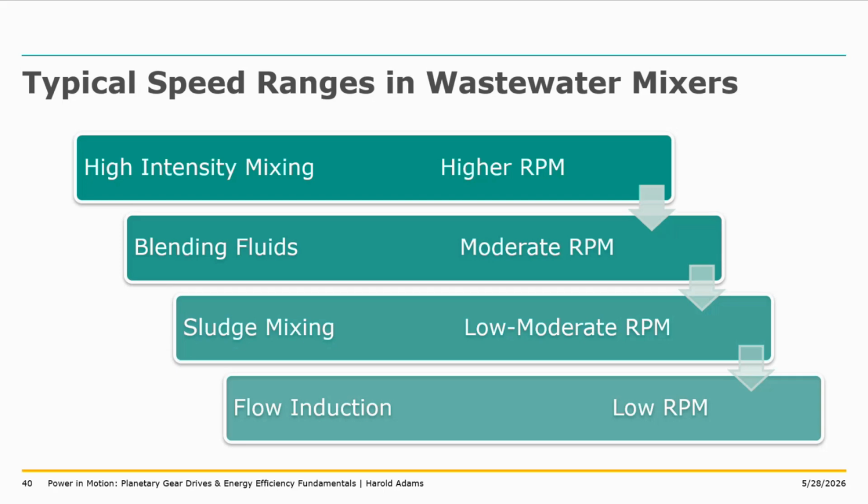Our ratio for gearing increases. Now we have sludge mixing, which requires a much lower or moderate RPM. And then for flow induction or large blade mixing, moving fluids from point A to point B, specifically in oxidation ditches, we require low RPM output from our machines. So that's the speed.